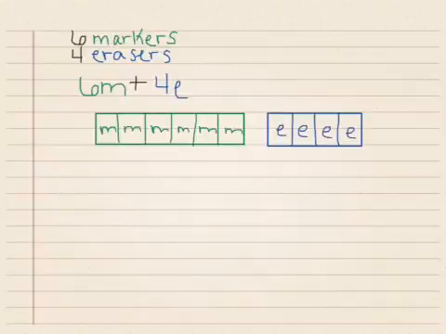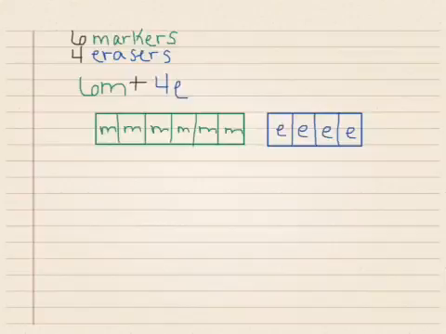Now we want to figure out, is there a common factor between 6 and 4, meaning is there a number that I can multiply by to get either 6 or 4? By looking at it, we can see that 2 is a common factor.